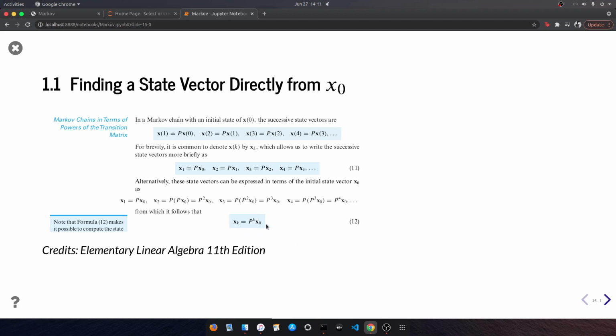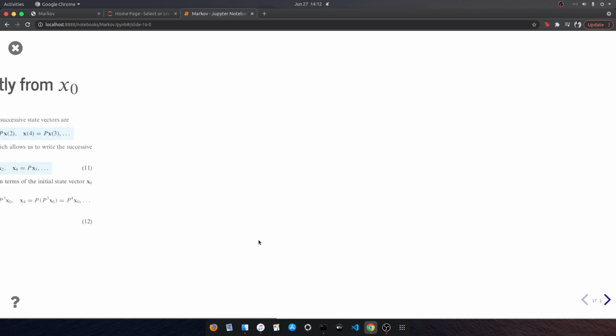This convenient formula tells us that the value at time point k is simply equal to P raised to k times our state at time point 0. This is really convenient, as we will see in the next few slides, and it will improve our code significantly. Again, P here stands for the transition matrix.